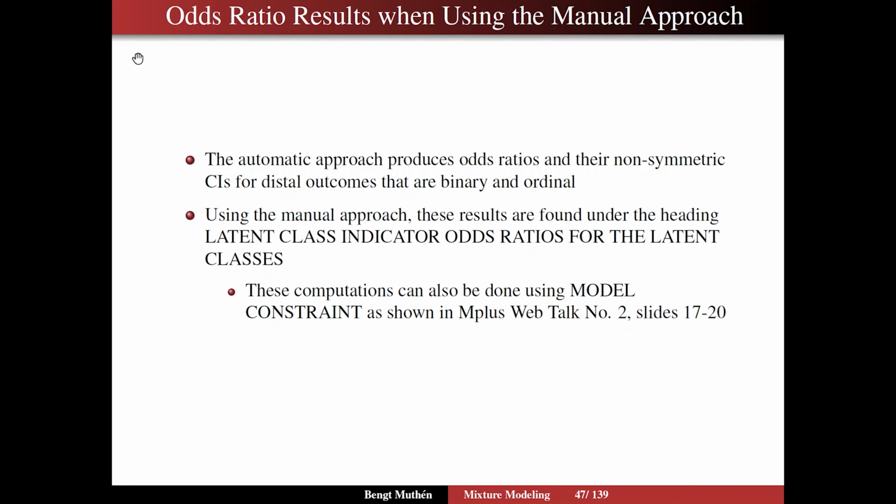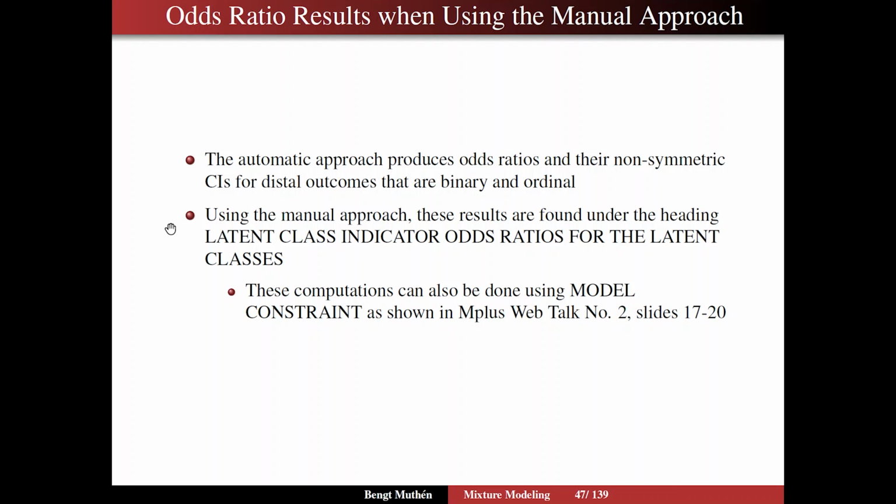Now, on slide 47, I point out that in the automatic approach, we got some automatic results coming out, and that includes odds ratio results. The automatic approach produces odds ratios and their non-symmetric CIs for distal outcomes. They're binary and ordinal.